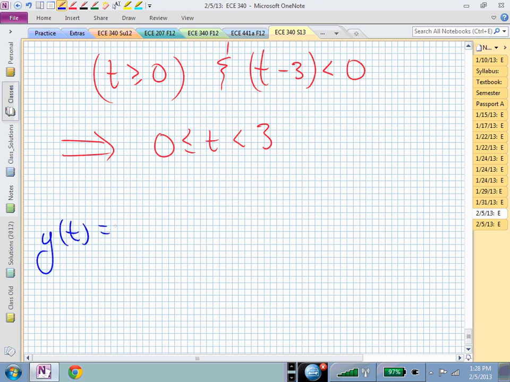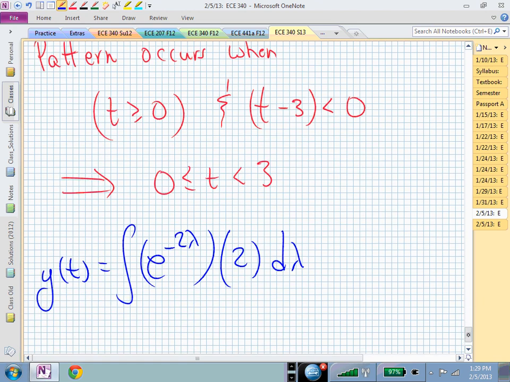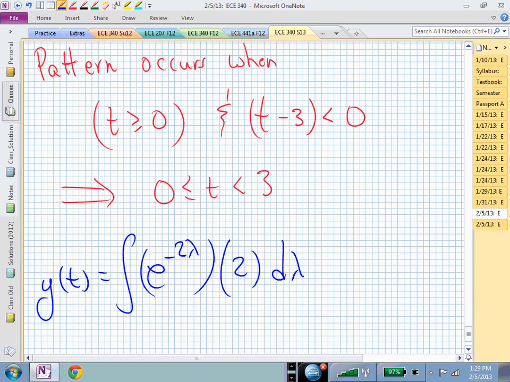Y of t is the integral of f sub 1 of lambda, which is e to the minus 2 lambda, times f sub 2 of t minus lambda, which was 2, d lambda. Now I need to figure out my limits of integration. So now is it 0 to 3?